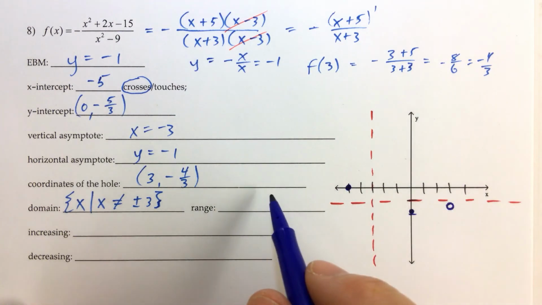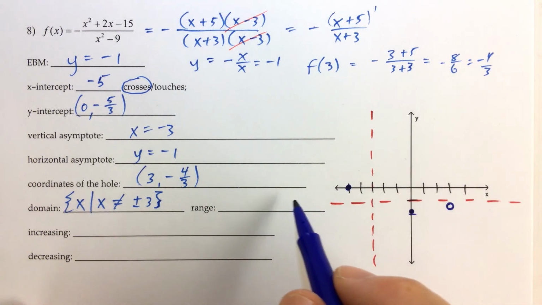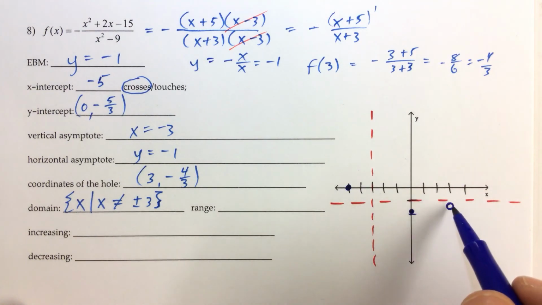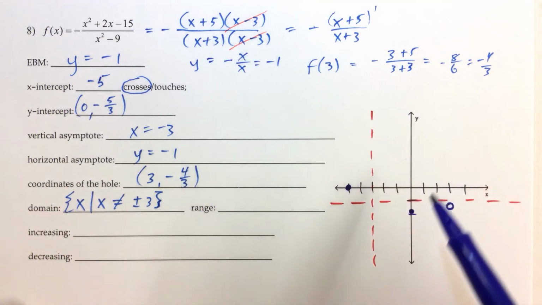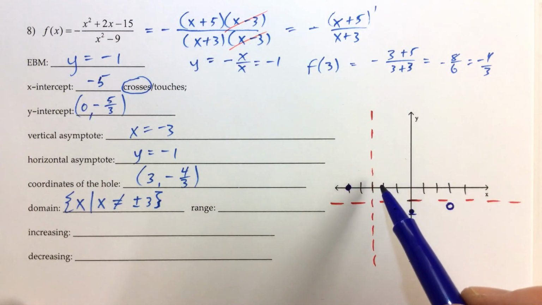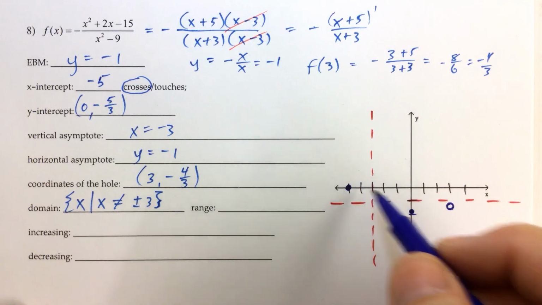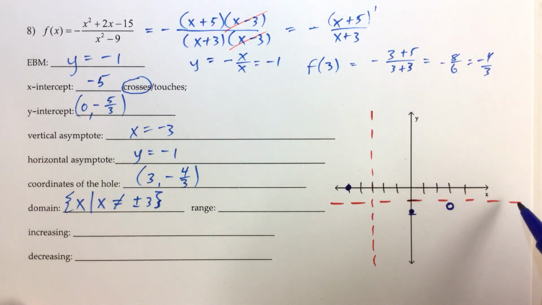So again, rational function domains are all real numbers except where you have a vertical asymptote or a hole. Any x value that makes the denominator 0 in a rational function is either going to be a vertical asymptote or a hole. So we've already identified the open spaces in our graph, and so we need to just go ahead and draw the graph. I'm going to start a new video for the actual drawing of the graph so that we don't have such a long video.